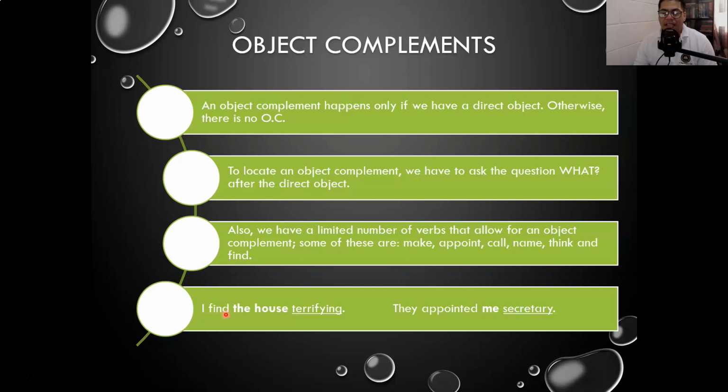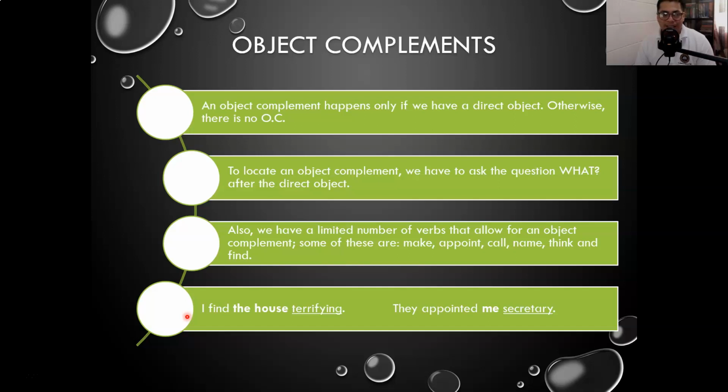Now, let's check the examples. I find the house terrifying. I find what? The house. That is a direct object. Now, I have the verb, and I have the direct object, and now I have to ask the question what? I find the house what? Terrifying.